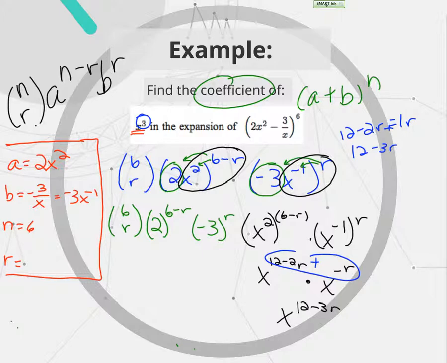So we already said it, or Joe did. This right here is supposed to equal 3. So I can make a little equation off to the side for this. So that means that 12 minus 3r equals 3.